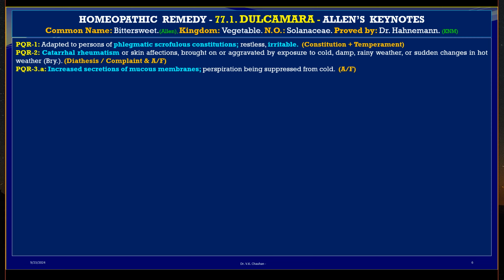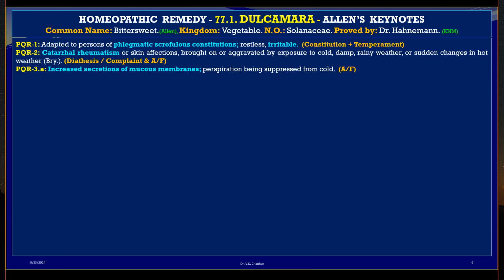PQR3 Part A tells us about increased secretions of mucous membrane, perspiration being suppressed from cold. So it tells about the element: perspiration is suppressed from cold. This is the cause. And what happens? Increased secretion of mucous membrane means the sphere of action is on mucous membrane in Dulcamara.